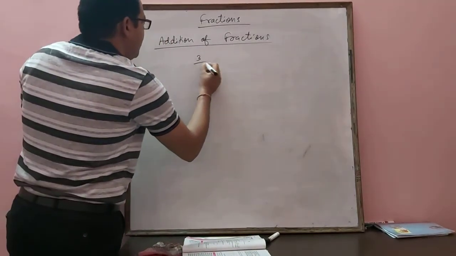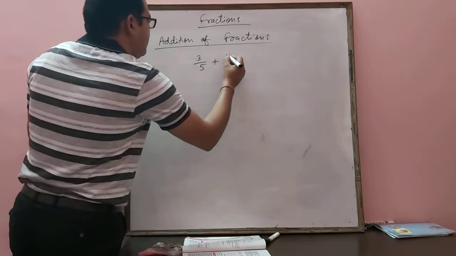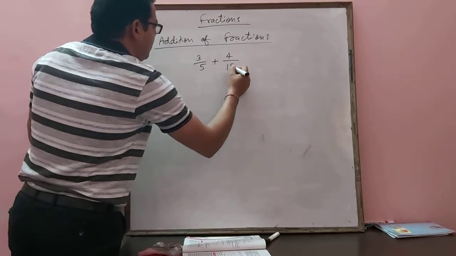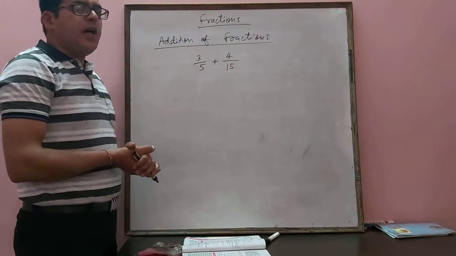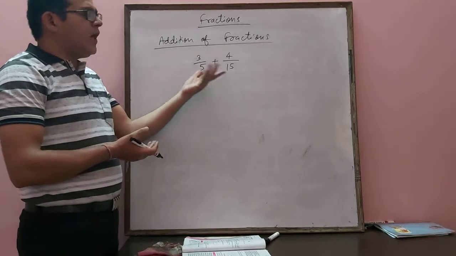This time I am adding 3 by 5 and 4 by 15. Two fractions I am going to add. And you can see these two are unlike fractions.